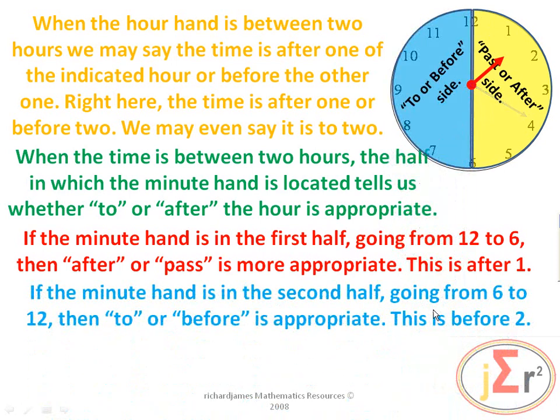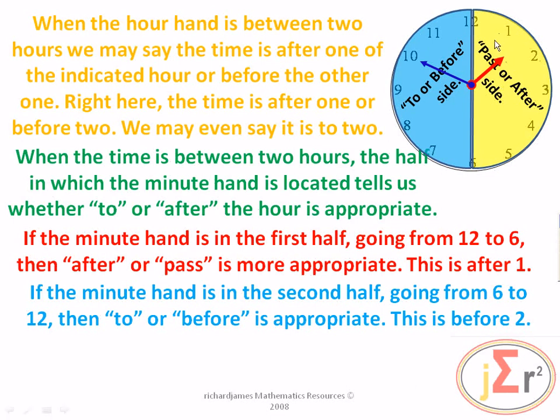If the minute hand is in the second half, going from 6 to 12, then to or before is appropriate. If we change the minute hand around, the time indicated would more appropriately be called before or to 2. So we have 2 halves of the clock.